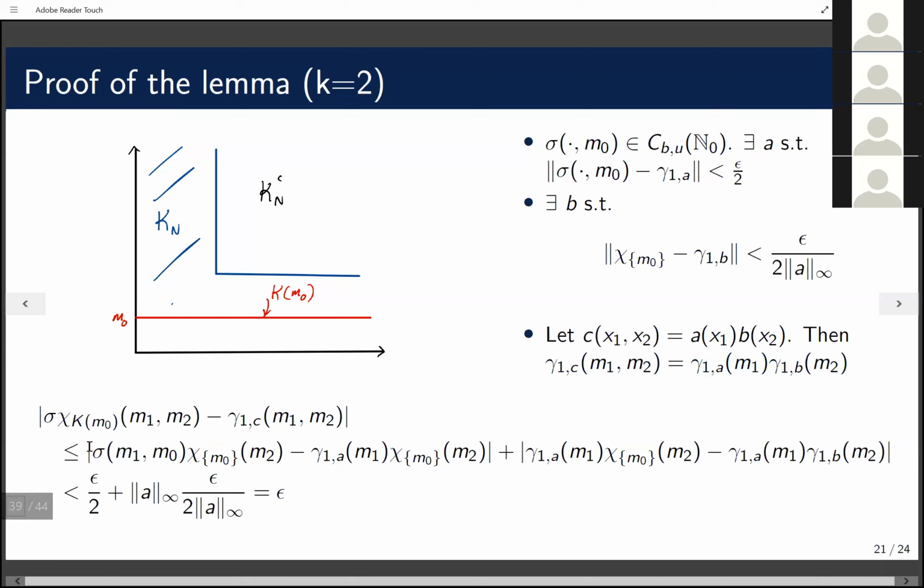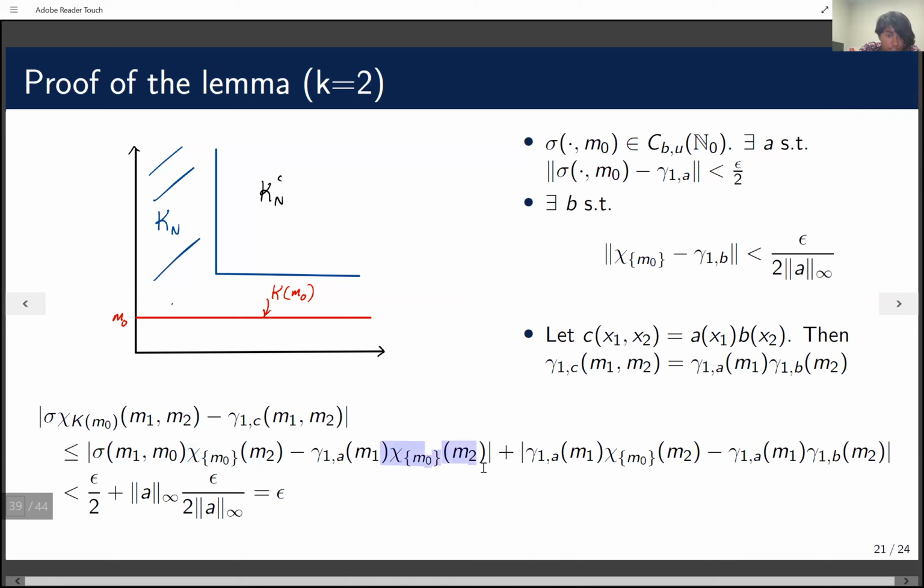If you look at this part, this is a common factor for both terms, which we can pull out, which is bounded by 1, and sigma of m1, m naught minus gamma 1a m1 is bounded by the subnorm, so less than epsilon over 2.